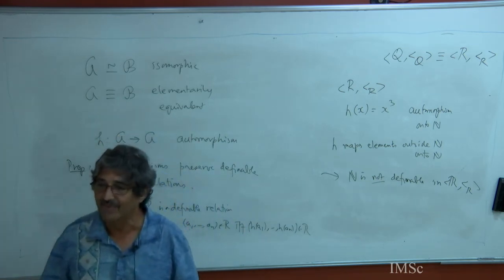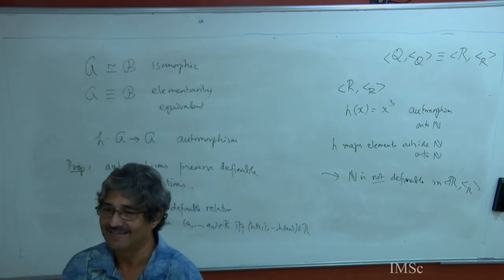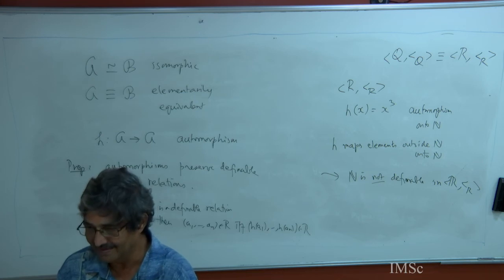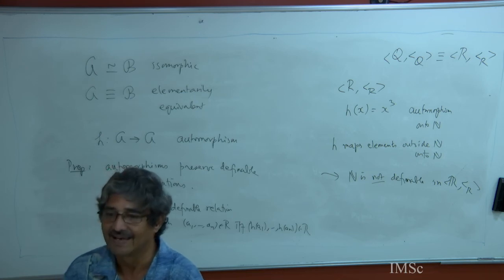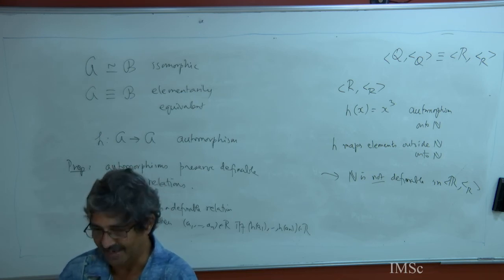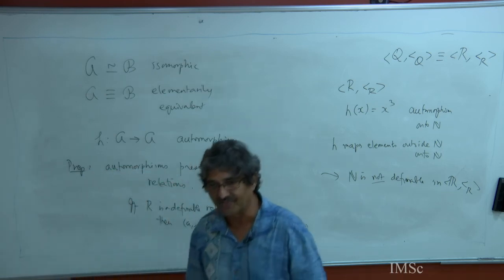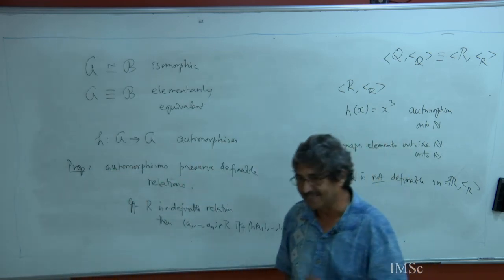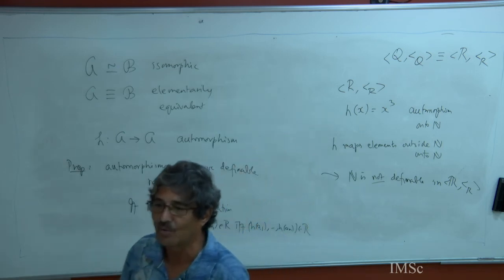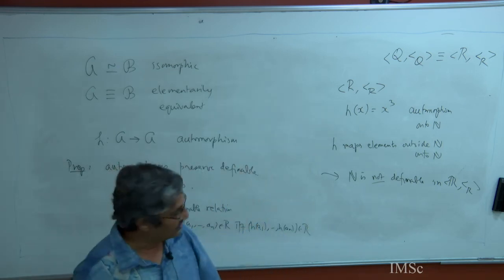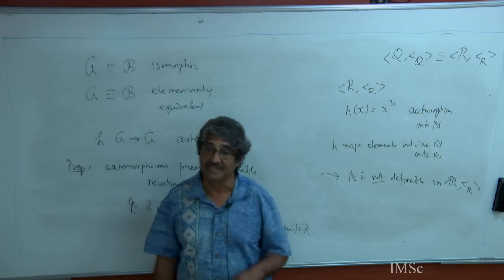When is a set definable? Well, there is a formula with one free variable, right? A particular subset of the reals is definable in the ordered set of reals if there is a formula with one free variable such that the set of all elements that make it true is exactly what you began with. So this says that the set of natural numbers is not definable.